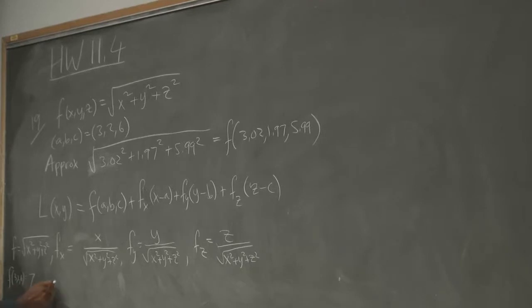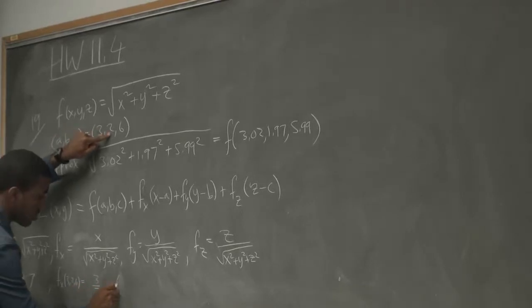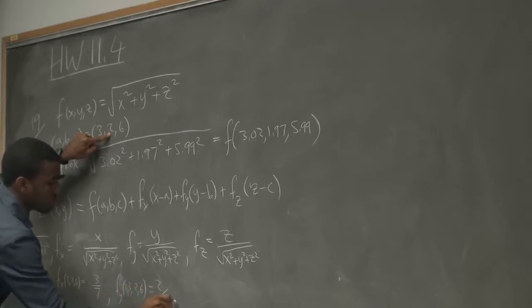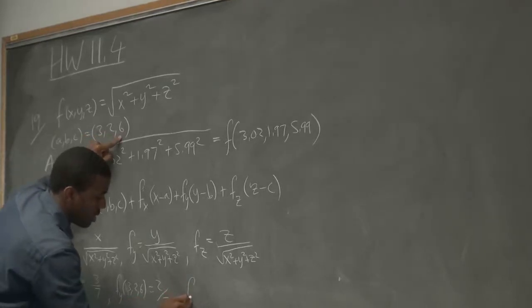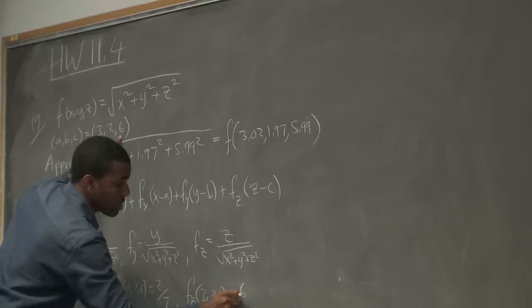So your fx at the point 3, 2, 6 is going to be, the x value is 3, so it's just 3 over 7. Fy is 2 over 7. And fz at that point is 6 over 7.